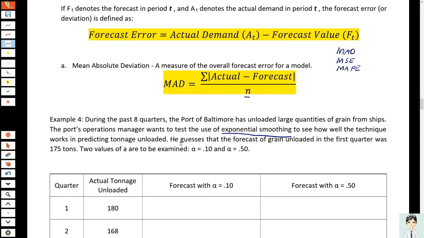He guesses that the forecast of grain unloaded in the first quarter was 175 tons. Two values of alpha are to be examined: the coefficient constant of 0.10 and the coefficient constant of 0.5. So, is the problem understood?